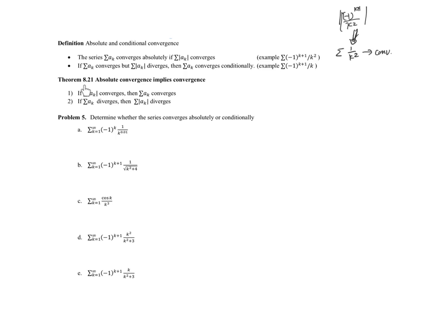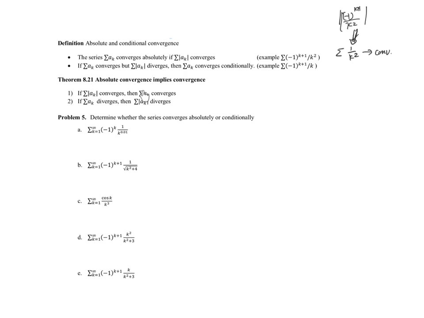Now theorem 8.21, hopefully that's very intuitive to you. It says if the sum of the absolute value converges, then summation AK converges. So obviously if the sum of the absolute value converges, it certainly should be greater than or equal to the summation of AK, right?